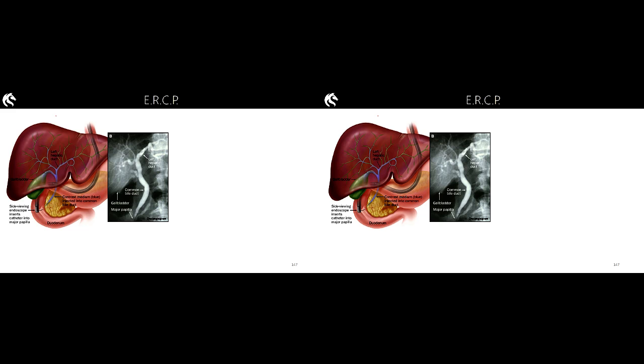That structure has got two different names, and I'll tell you those now. The actual raised structure where that common bile duct articulates with the duodenum is referred to as the ampulla of Vater.